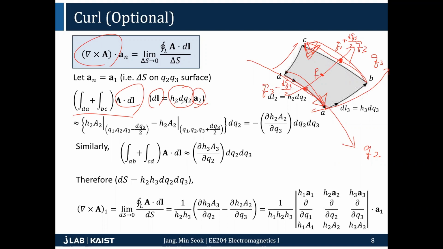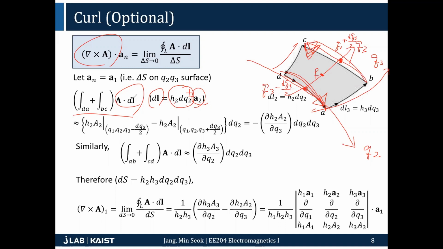The line segment's infinitesimal length is DQ2 H2. For the bottom line segment, it's parallel to the A2 axis, and the top one is anti-parallel. So you take positive or negative A2 for the line direction.